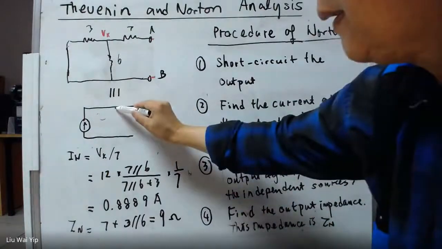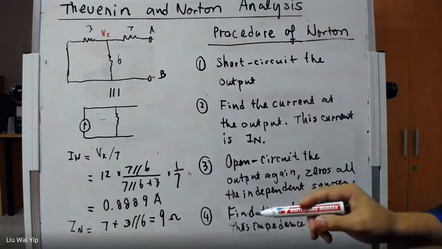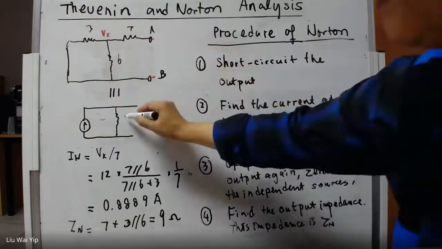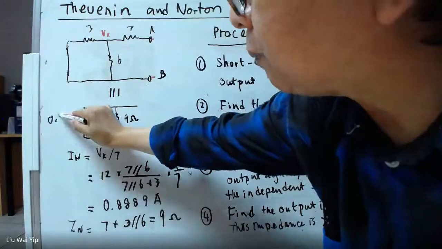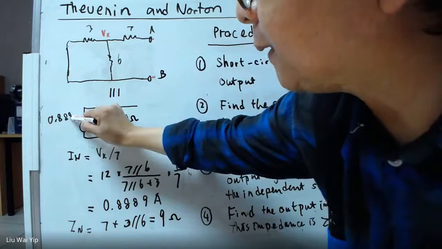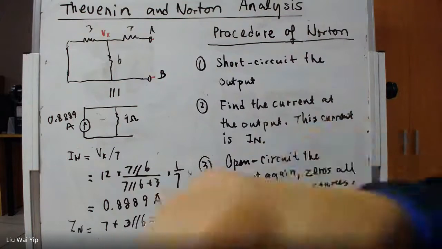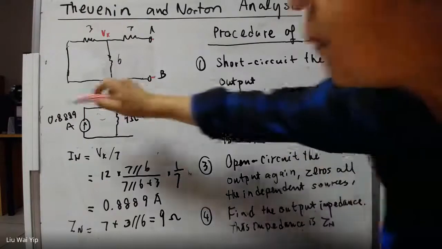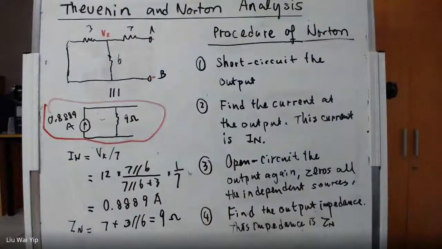The Norton current source will be connected in parallel with a Norton resistance. Sorry, Norton impedance. In this case, 9 ohm here. And the current here should be 0.8889 ampere. So this is the answer for this question.